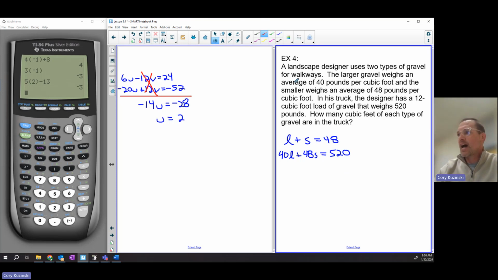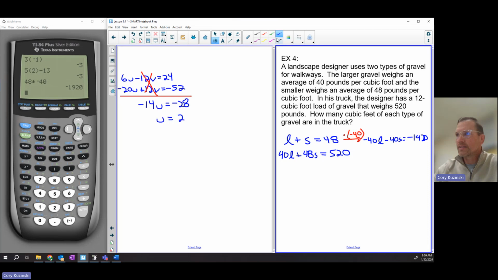If we take this top equation and multiply it by negative 40, then I'll have negative 40L and positive 40L. So we'll have negative 40L minus 40S equals 48 times negative 40, which is negative 1920.